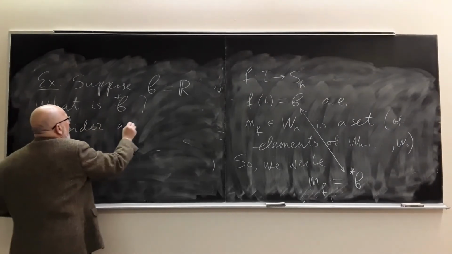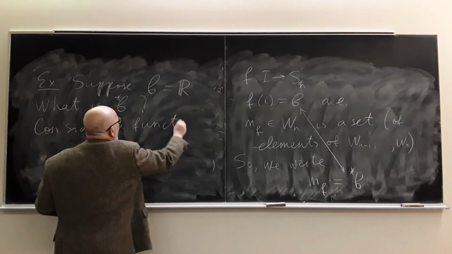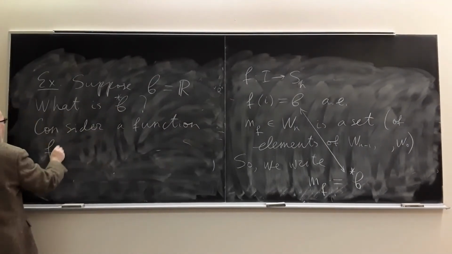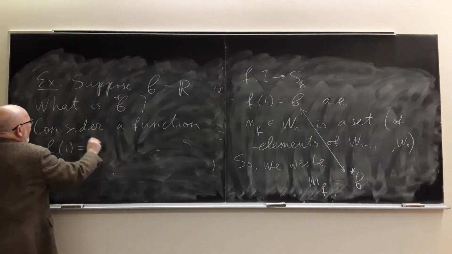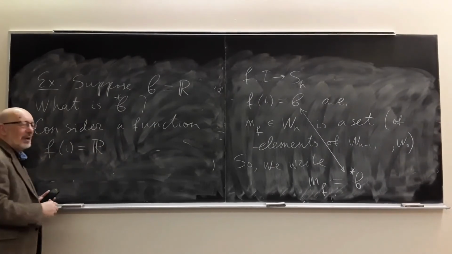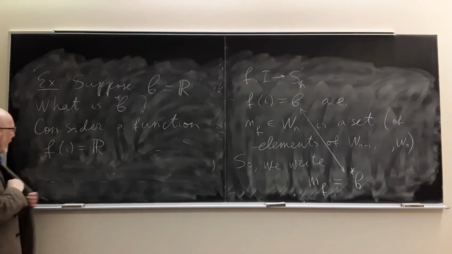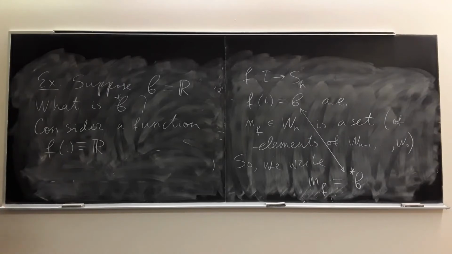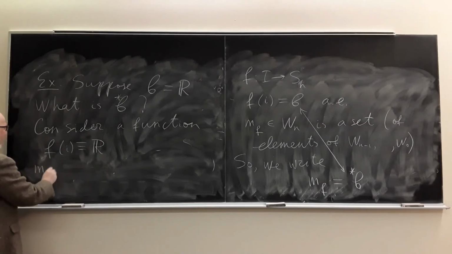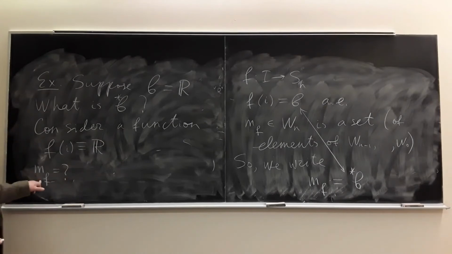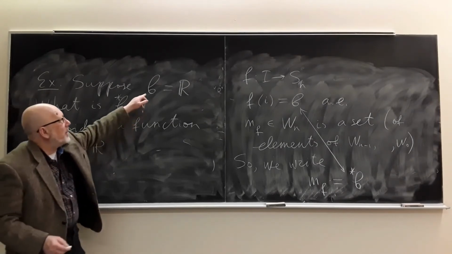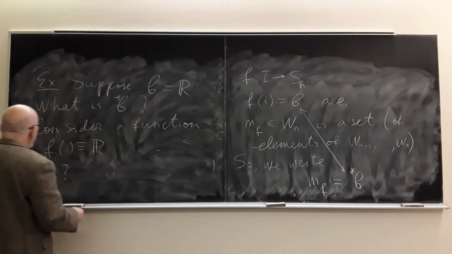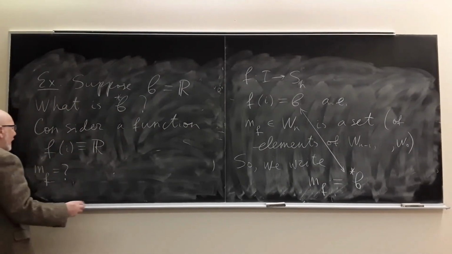Consider a function f of I equals R, identically equals R for all I. Yeah? So what is MF? This MF is by definition B star. What is MF?